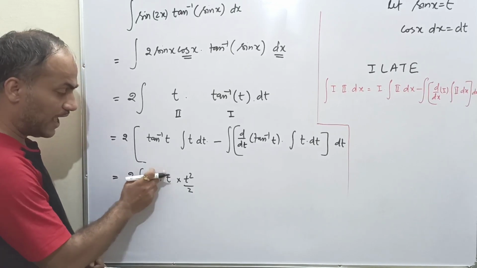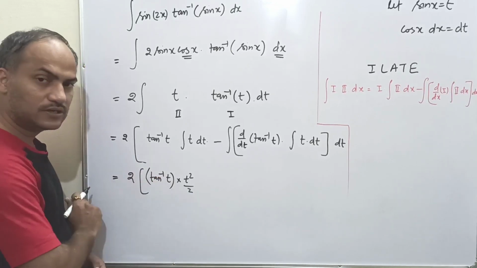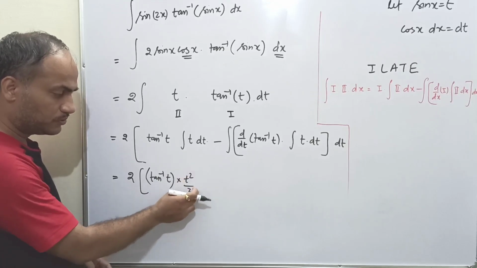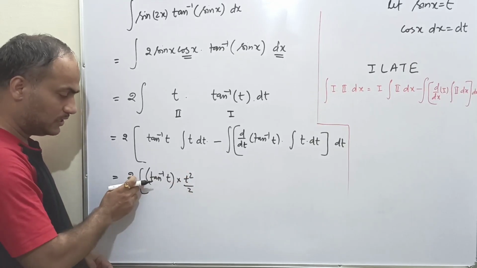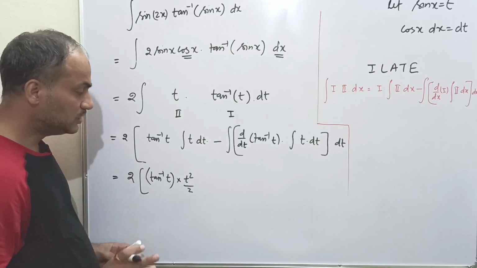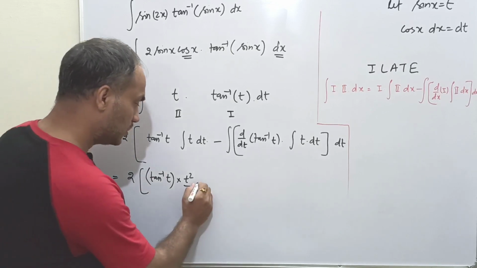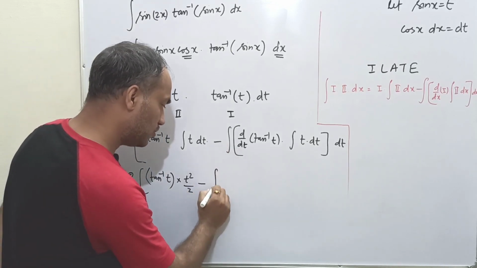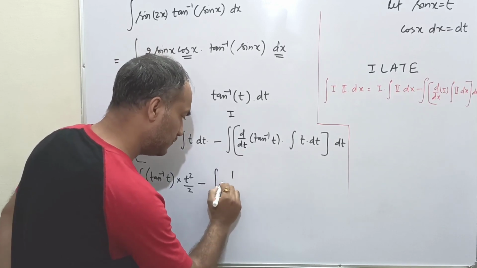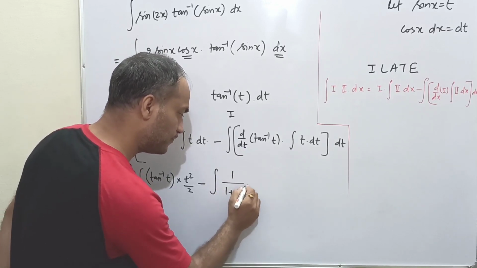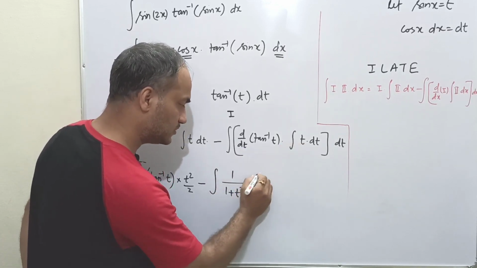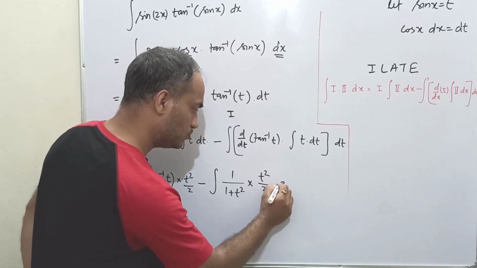Now minus the integration of the differentiation of tan inverse t, which is 1 upon 1 plus t square, into t square by 2.